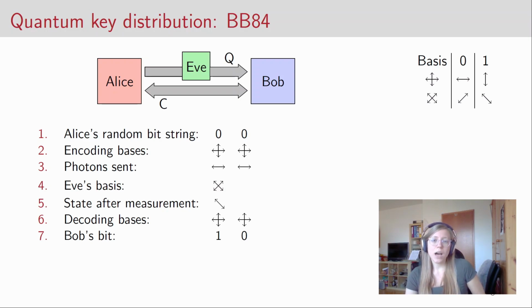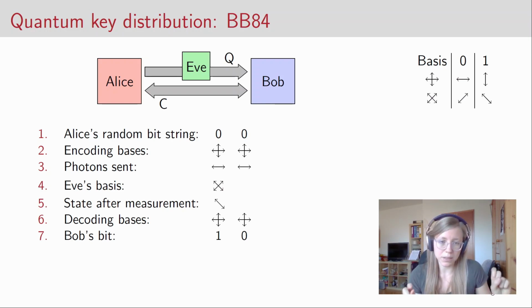Because even though after this protocol Alice and Bob don't share the exact same random bit string that is totally uncorrelated to Eve, they can still do something with the bits they have. There are two classical post-processing steps called error correction and information reconciliation, which take the imperfect bit string that Eve has some knowledge about and make it into a perfect bit string. So error correction ensures that after this step, Alice and Bob both hold the same bit string.